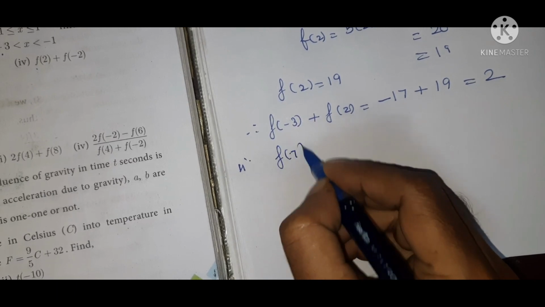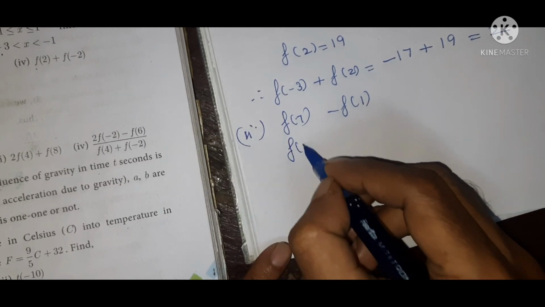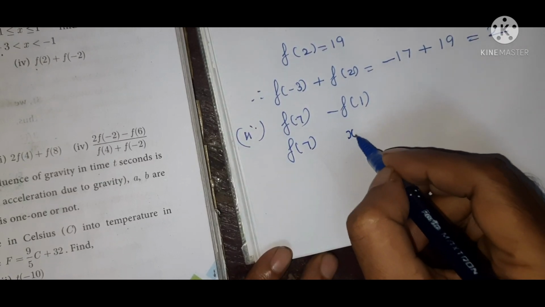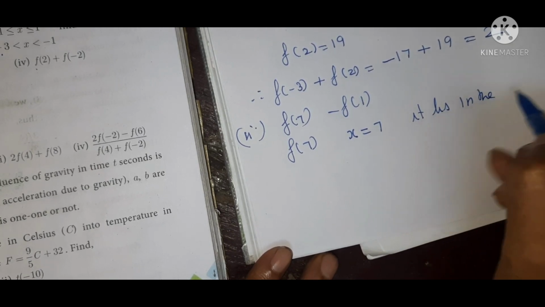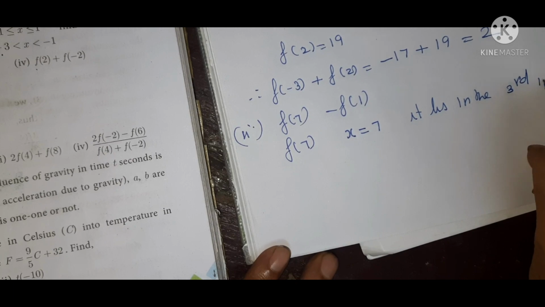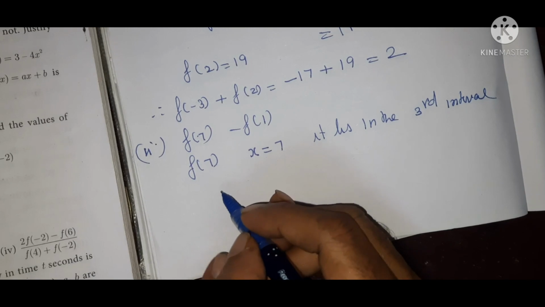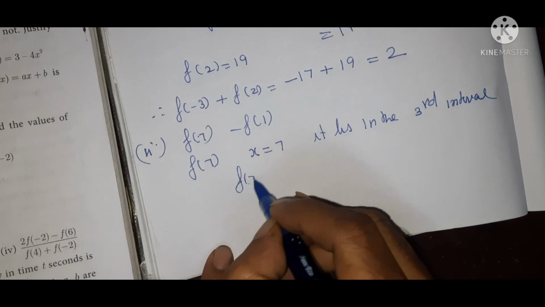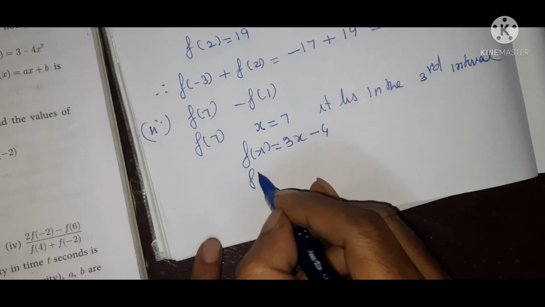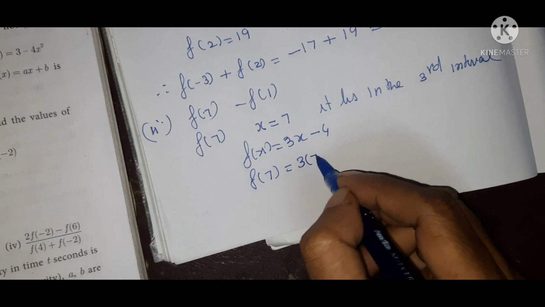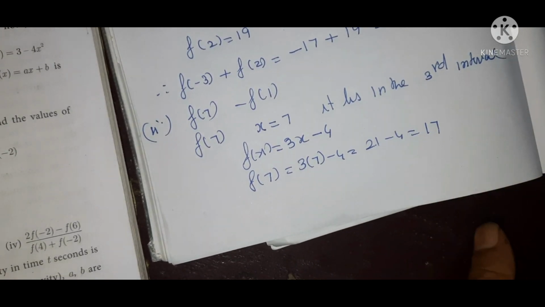Next, f of 7 minus f of 1. F of 7: here x is 7. It lies in the third interval. Third interval function is f of x is equal to 3x minus 4. F of 7 is equal to 3 into 7 minus 4, 21 minus 4, 17.